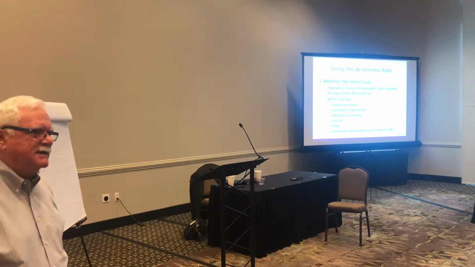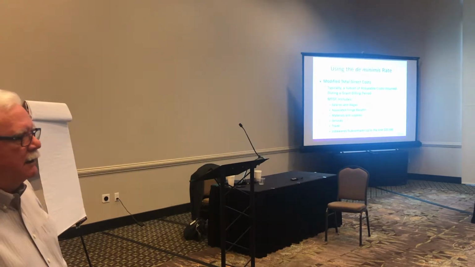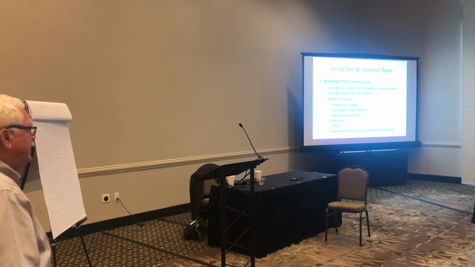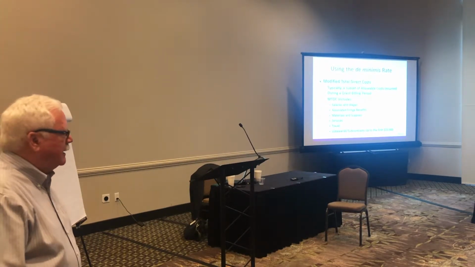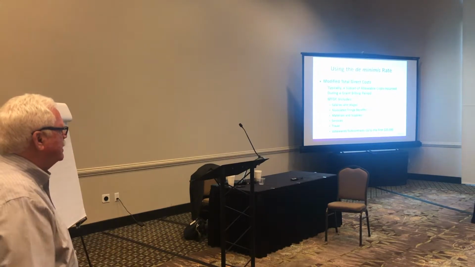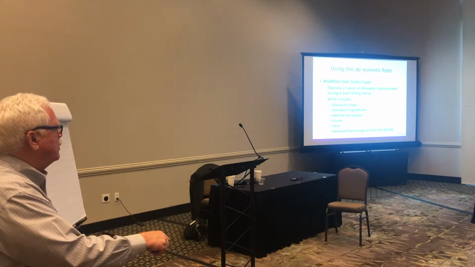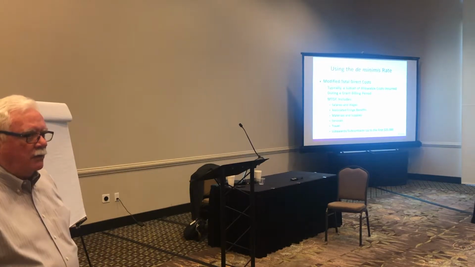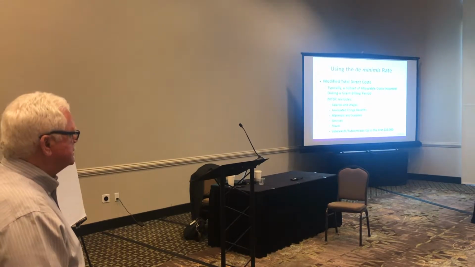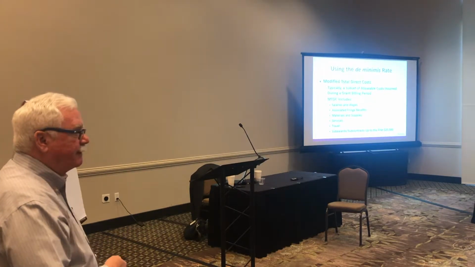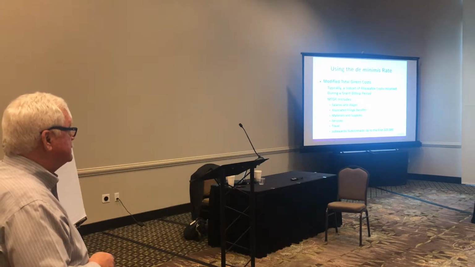And FTA is kicking back de minimis invoices in TrAMS because this is not calculated correctly. You need to be aware of what goes in and what doesn't go in to modified total direct costs. That was direct salaries and wages, right? Yes.